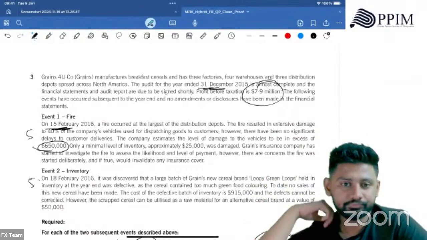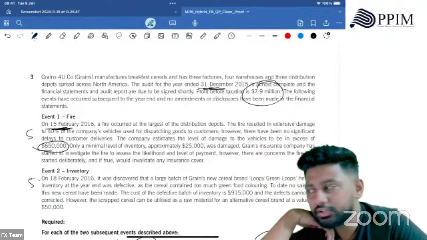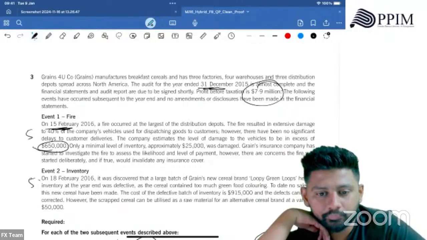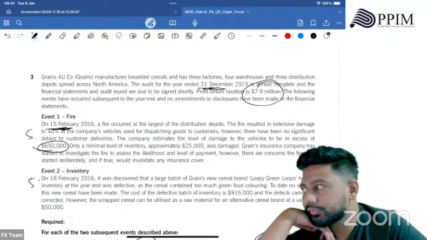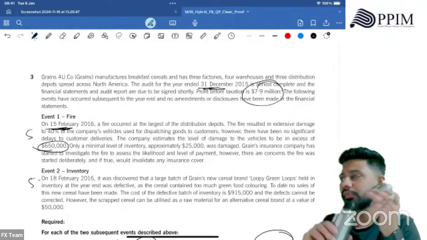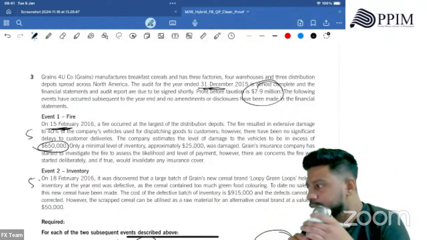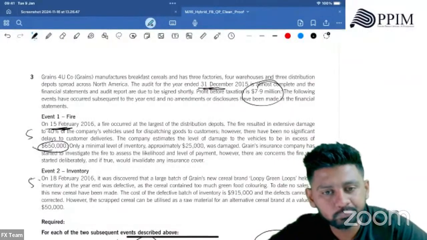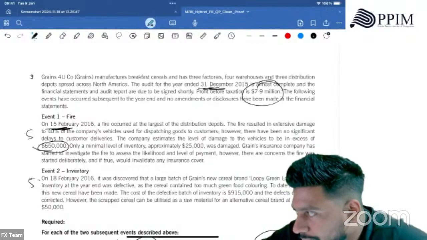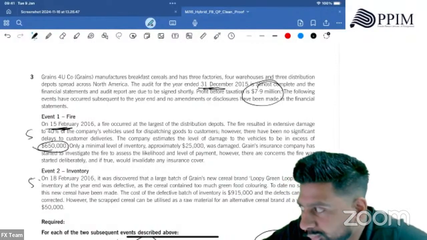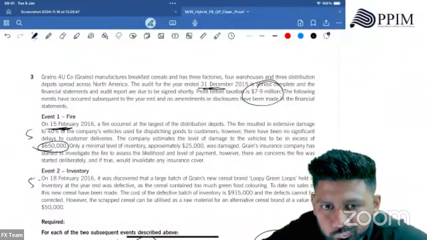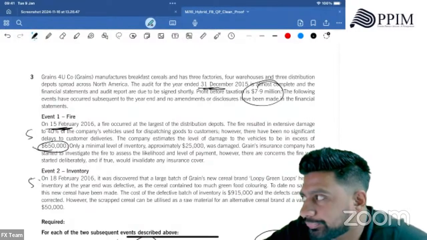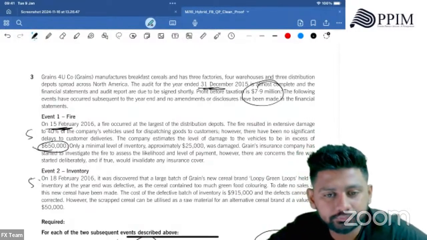Everybody. Adjusting or non-adjusting? Inshifa, Abdullah, Minoli, Nabil. I want everyone to respond. Everyone respond.